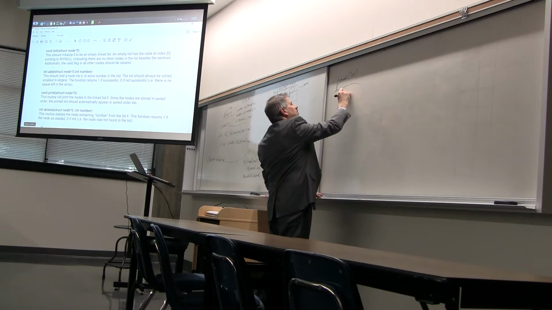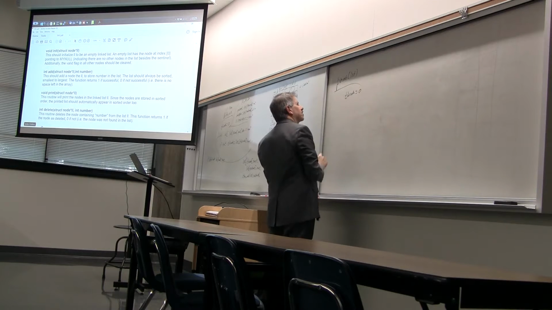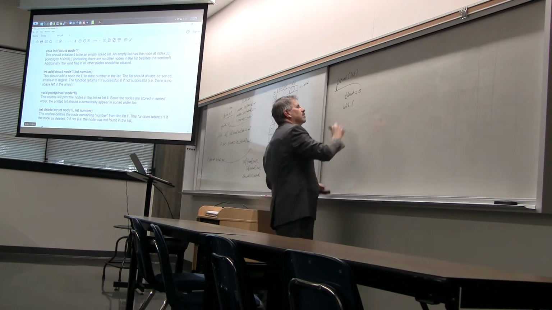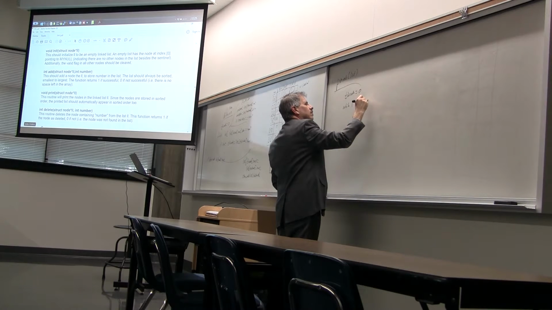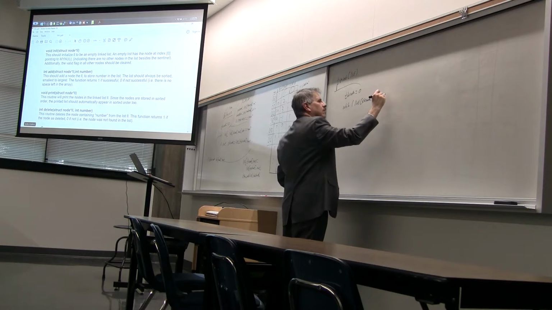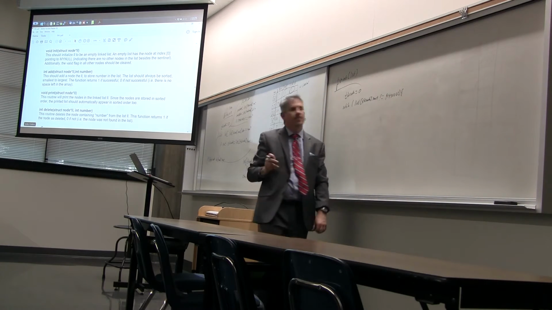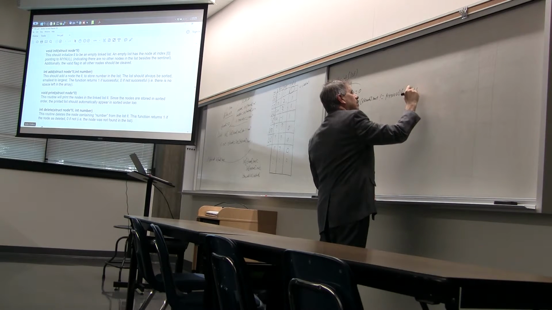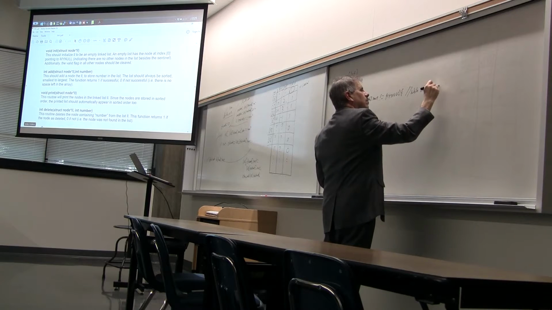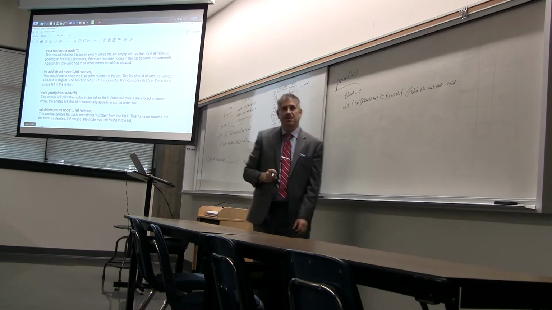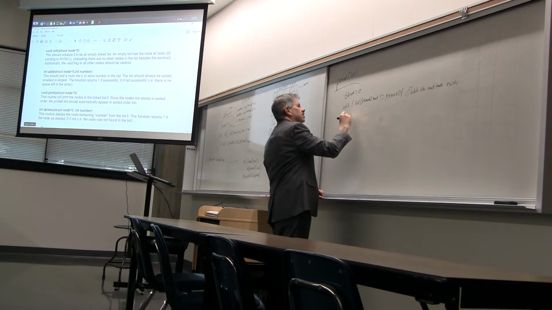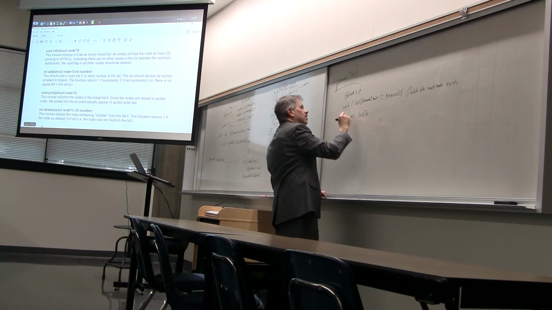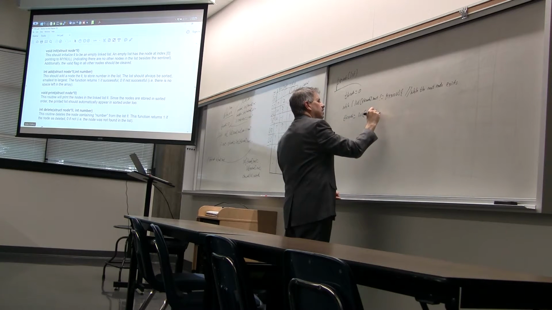So, this node equals 0, while this node, in other words, while we have another node, so while the next node exists, this node equals list this node dot next.